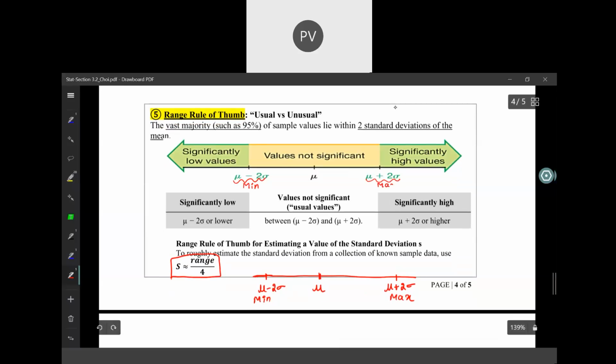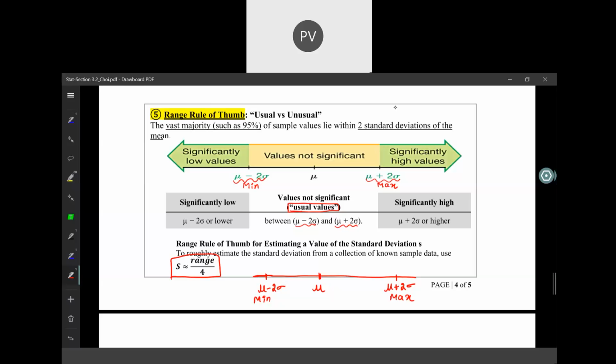So the values which lie between minimum and maximum are called usual values. The values which lie between mu minus 2 sigma and mu plus 2 sigma are called usual values.